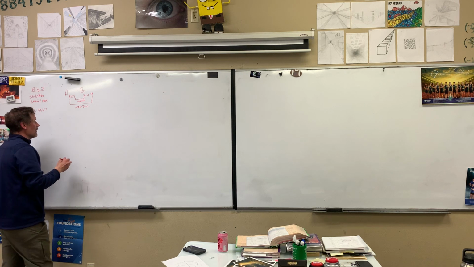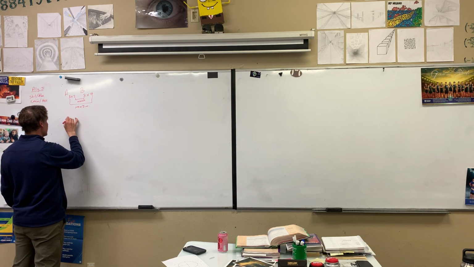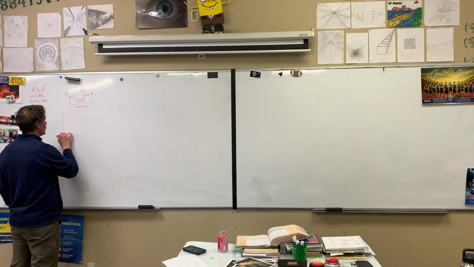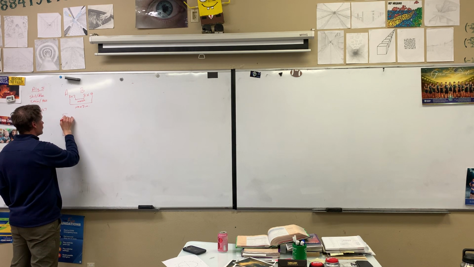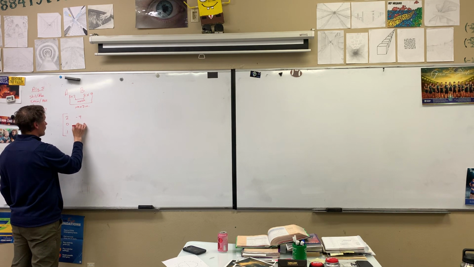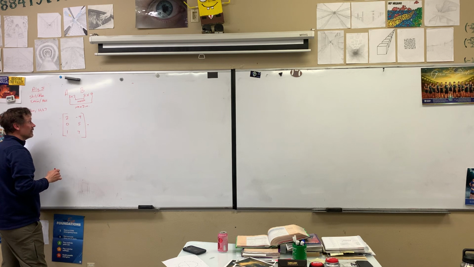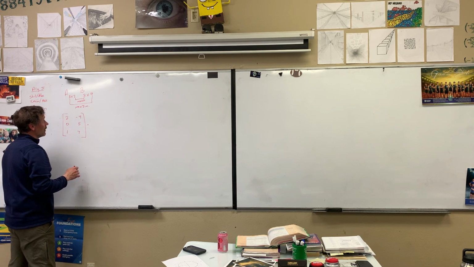So if we have a, let's go with a 3 by 2, that is fine. So 3 rows by 2 columns: 2, 0, 1, negative 4, 5, 7. Okay, and we're going to multiply that. It has to be multiplied to a 2 by 4.